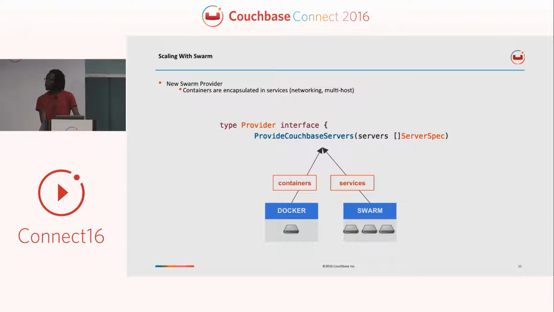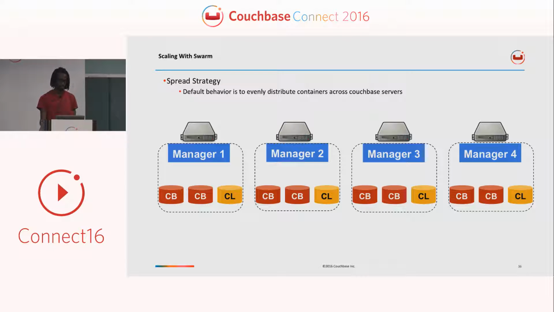And what is happening essentially is containers are running inside of the service itself. So if you guys are familiar with Swarm, the general spread strategy is to evenly distribute the number of containers across physical nodes, right? So if I say I have a Swarm cluster and I have 4 machines, then if I want to start 6, 12 containers, then it's just going to evenly distribute it across those machines.